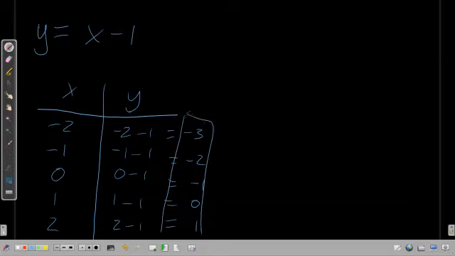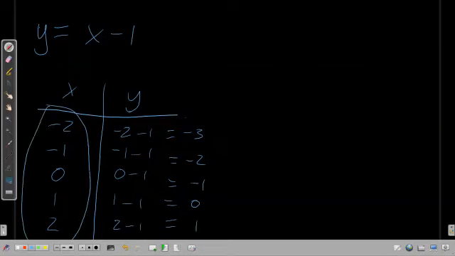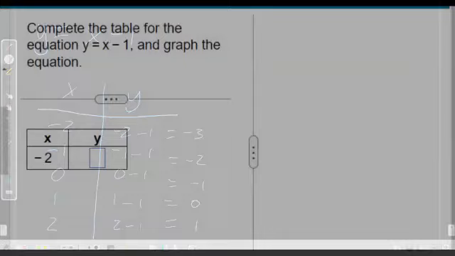And that would be why these numbers just increment by 1 every time. Just like I incremented by 1 over here, these will also increment by 1. They're always just 1 unit less than x, and that's how you find your answer.